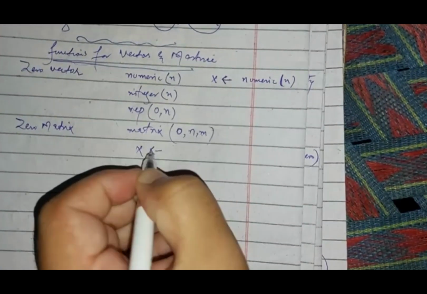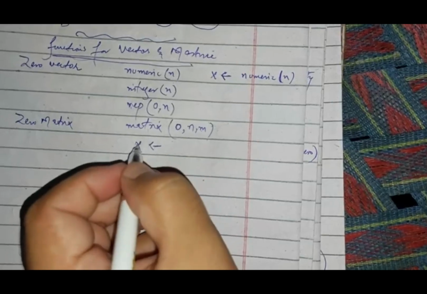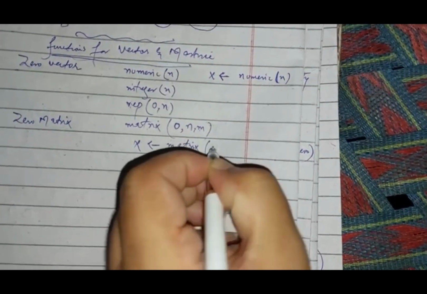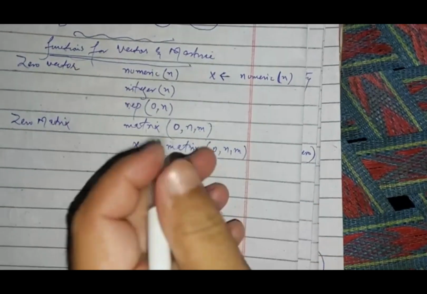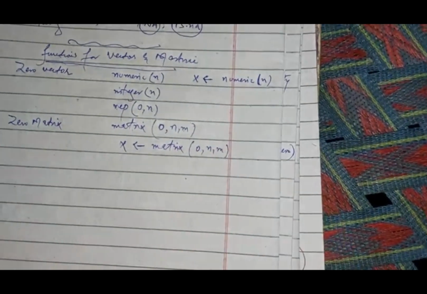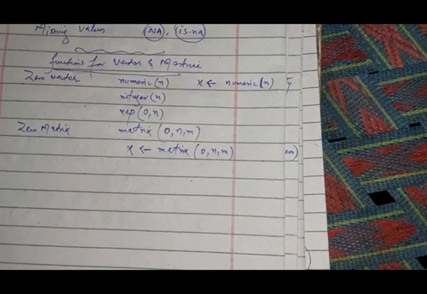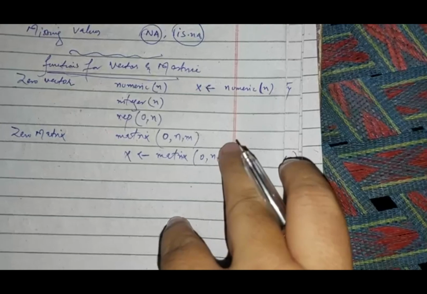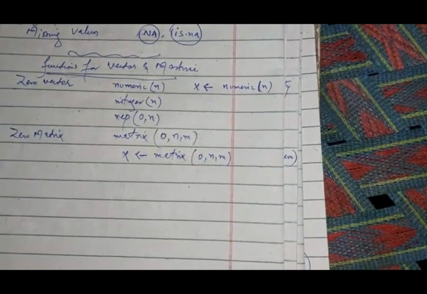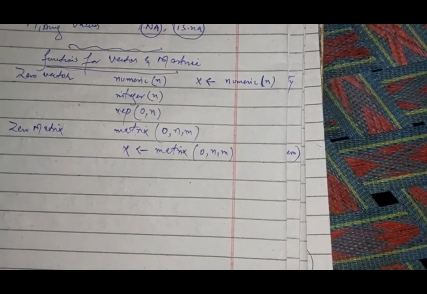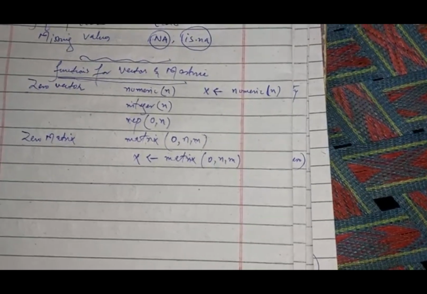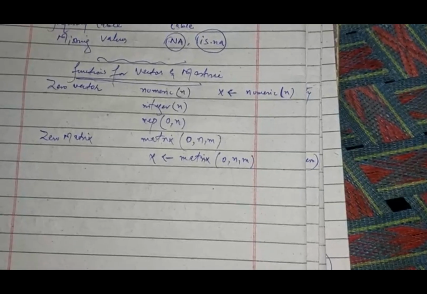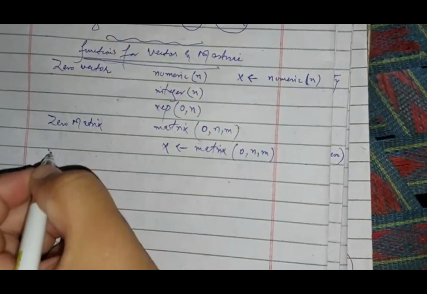We assign this matrix to x and we say matrix(0, n, m). We can say n and m like 1 cross 3 or 2 cross 3. We can assign any value to n and m. We can say 2 cross 2, so n is equal to 2, m is also equal to 2. I will do it in the R language also.